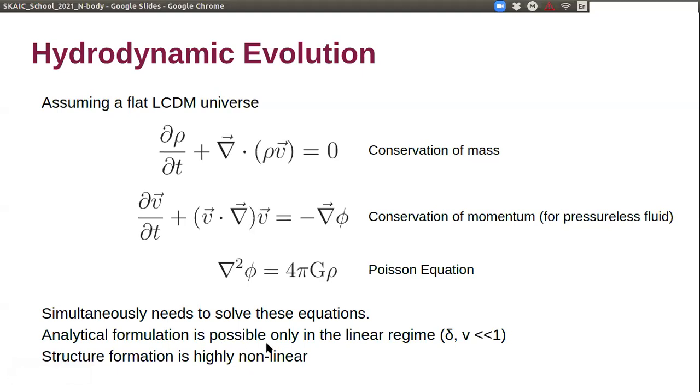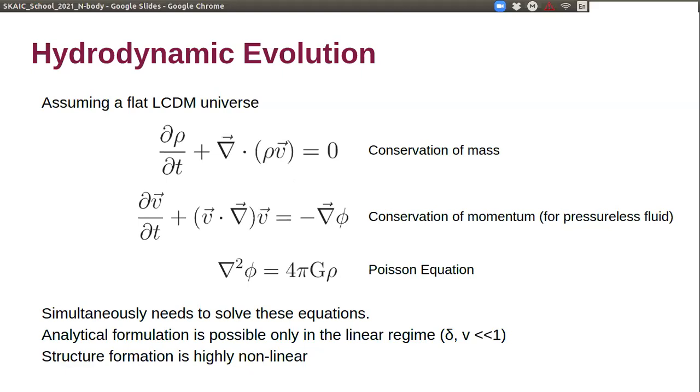However, an analytical formulation is possible only when this rho, I'm saying in terms of rho, but you can take it as delta also, the perturbation in the matter density and the peculiar velocities are very, very small.